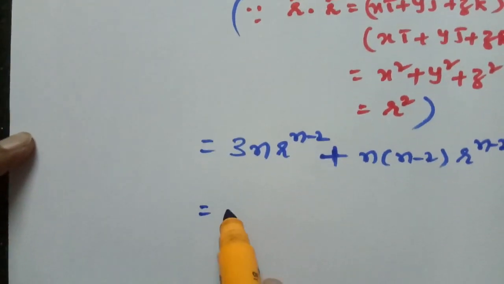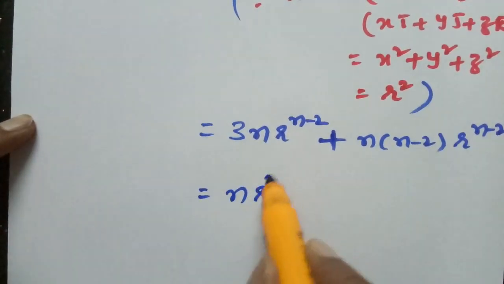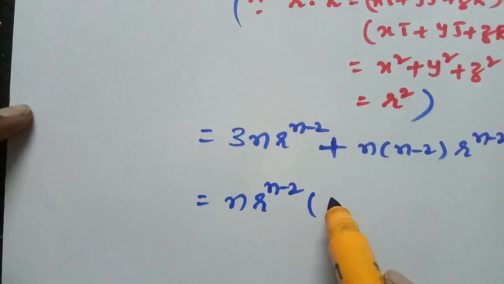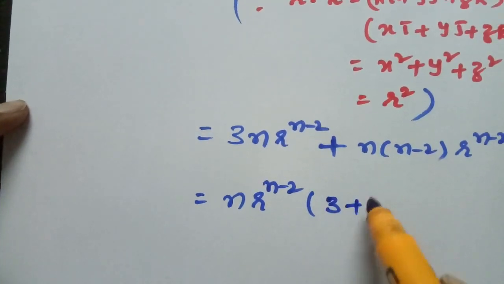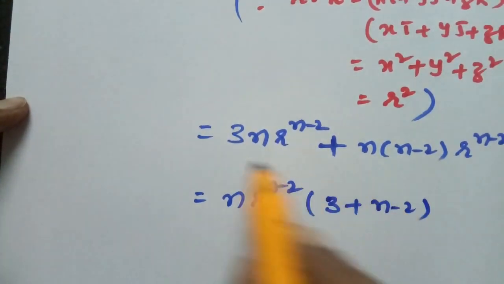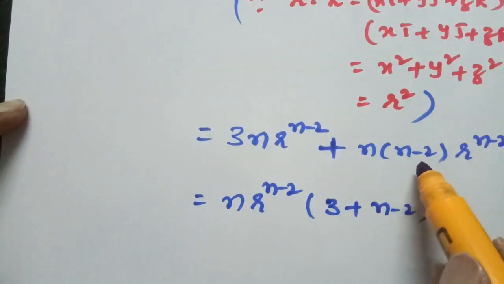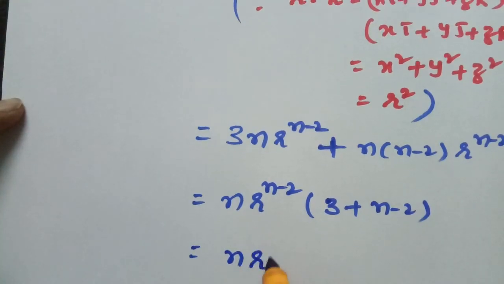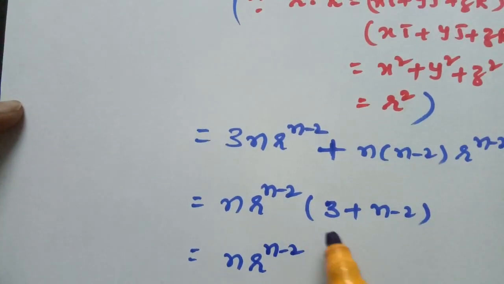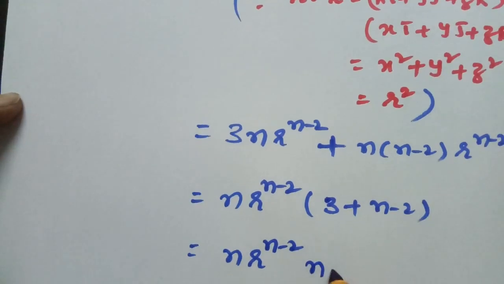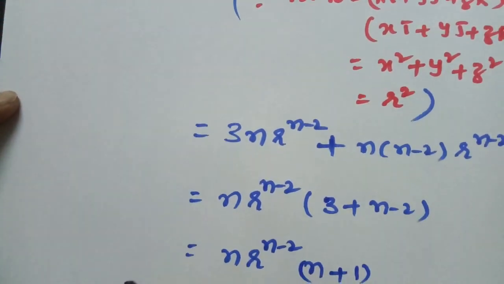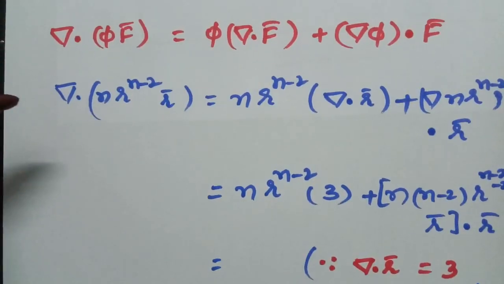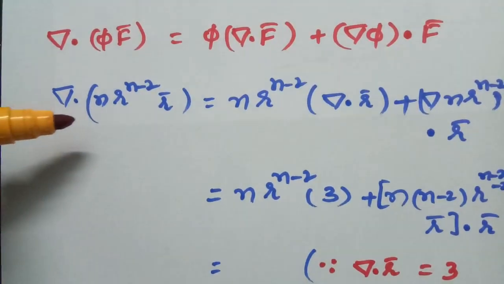Therefore take out n into r power n minus 2 as a common factor. Therefore this becomes 3 plus n minus 2. 3 is the remaining factor, n minus 2 is the remaining factor. Therefore n into r power n minus 2 into n plus 1. The left hand side is del dot n into r to the power of n minus 2 into r bar.